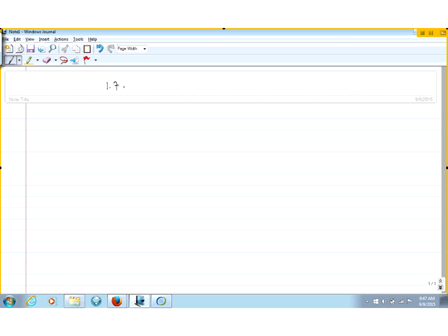Share the desktop. So this is 1.7, multiplication and division of real numbers.